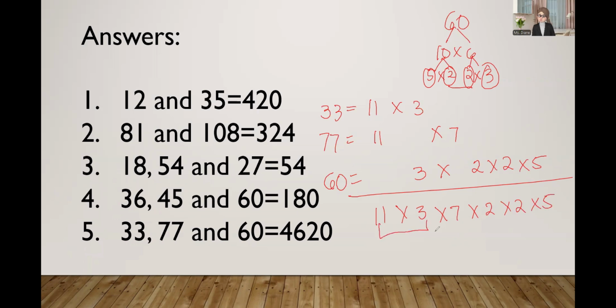So 11 times 3, that's 33. 33 times 7, that's 21, carry 2, 231. 231 times 2 times 2, and that is 2, 6, and 4. 462 times 2, that is 4, carry 1, 924. 924 times 5, that is 20, carry 2. 10, 11, 12, carry 1. 9 times 5, 45, plus 1, 46.